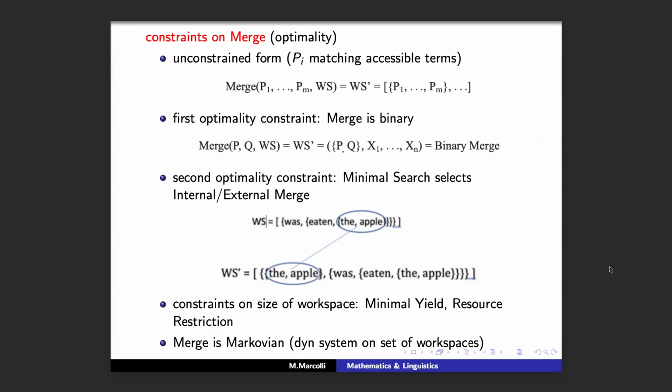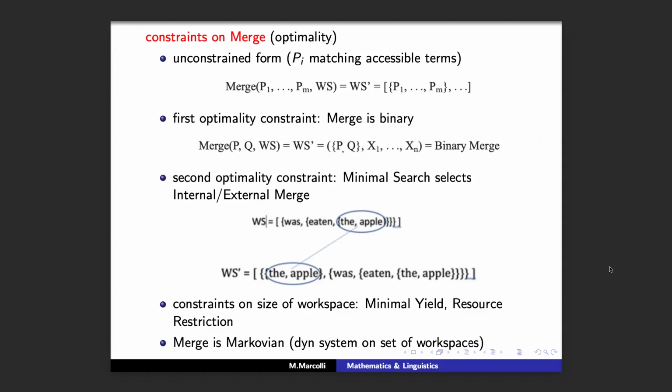But there are two kinds of optimality constraints that have to do with these two particular forms of merge. One is called minimal search, and another is called minimal yield or resource restriction. And I'll define more precisely what they are.